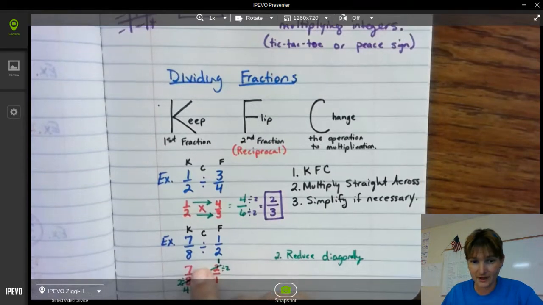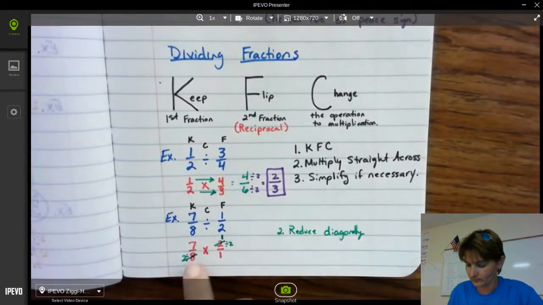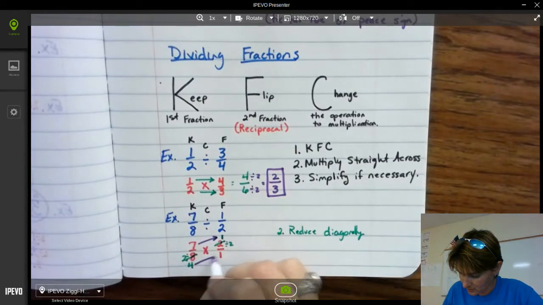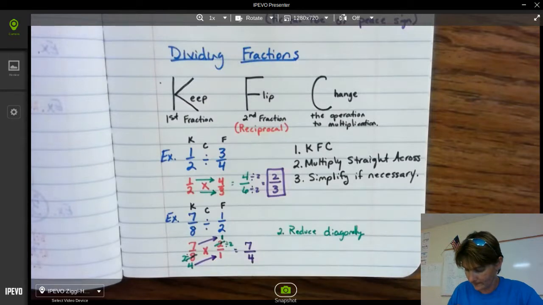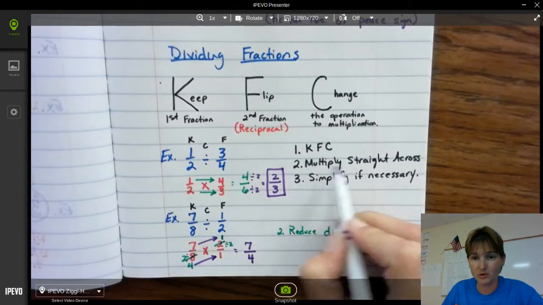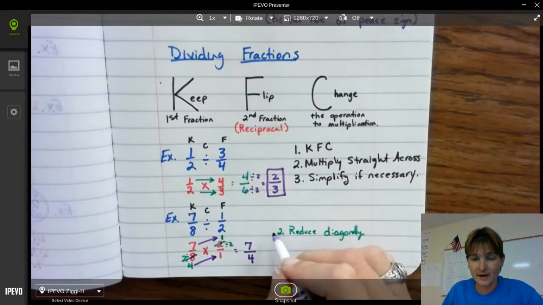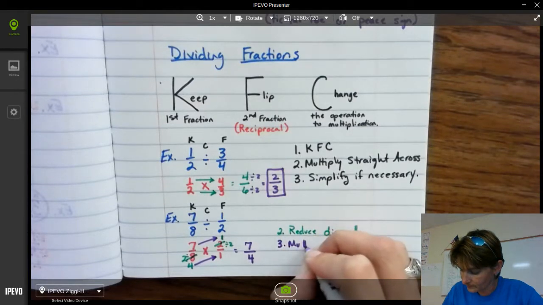So now I have 7/4 here and 1/1. I still then need to multiply straight across. 7 times 1 equals 7. 4 times 1 equals 4. Okay, so on the last one, I multiplied straight across and then reduced afterwards. Now I'm reducing diagonally and then multiplying straight across.